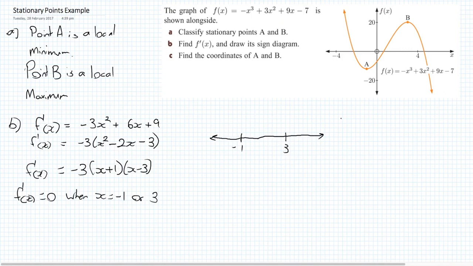So we've got to try and work out what the function is doing before A, between A and B, and after B. A occurs when x is equal to -1, B occurs when x is equal to 3.